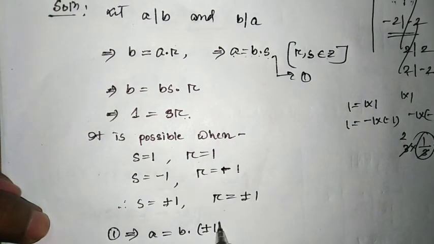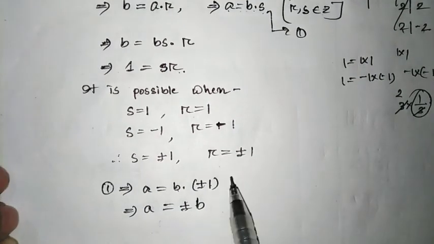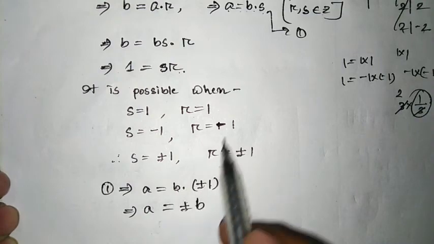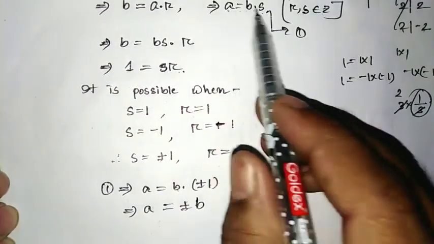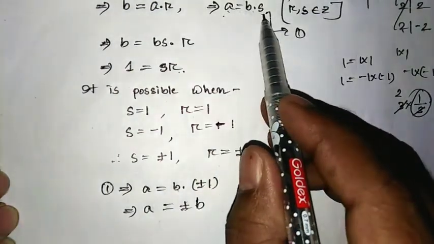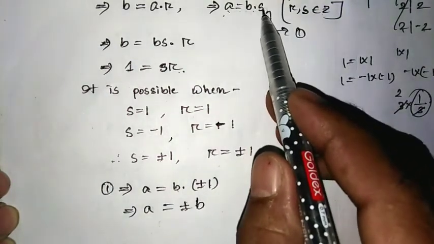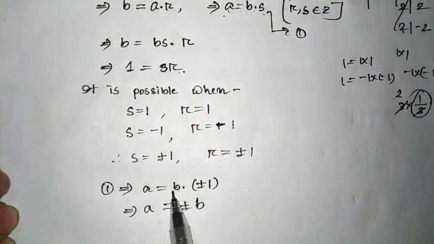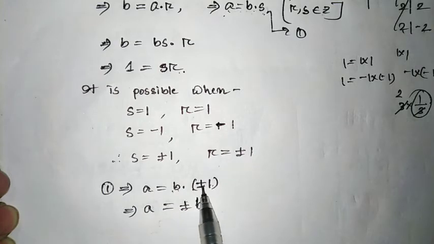Suppose this is equation number 1. If we put the value of S in equation 1, A is equal to B into S, which is plus minus 1 into B, so A is equal to plus minus B.